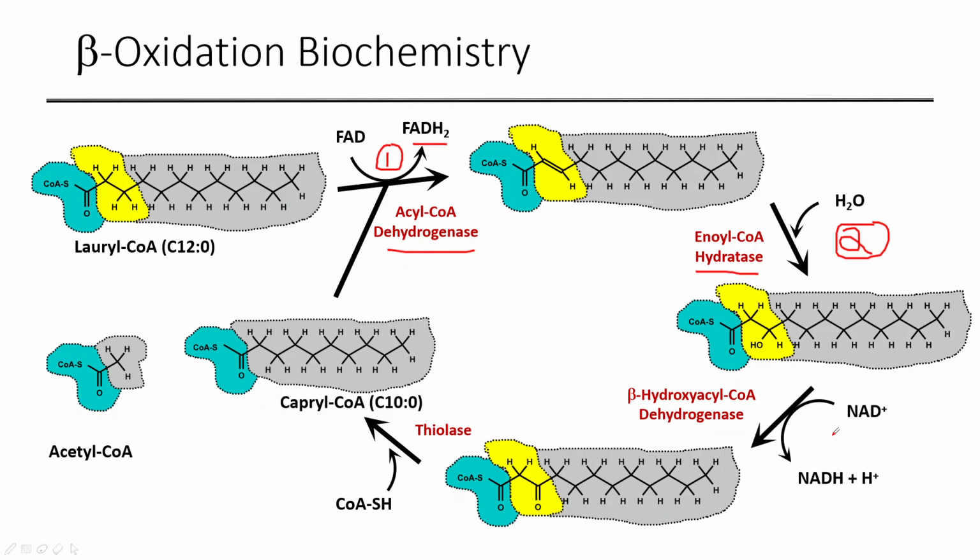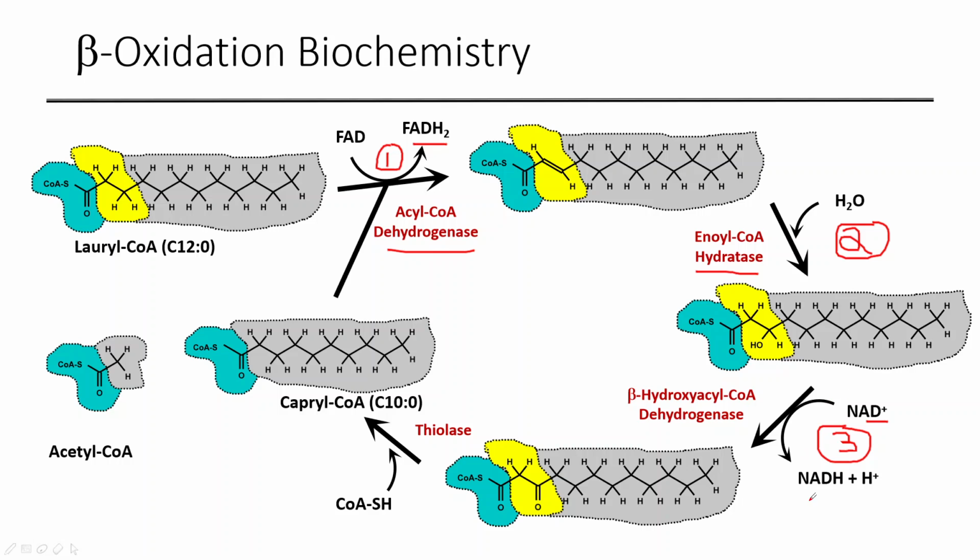Our third reaction is another redox reaction that's catalyzed by beta hydroxyacyl-CoA dehydrogenase. Instead of using FAD, this dehydrogenase uses the cofactor NAD, nicotinamide adenine dinucleotide, to transfer 2 electrons and 2 protons from this beta carbon, one of them going to NADH and the other proton being released into the medium.